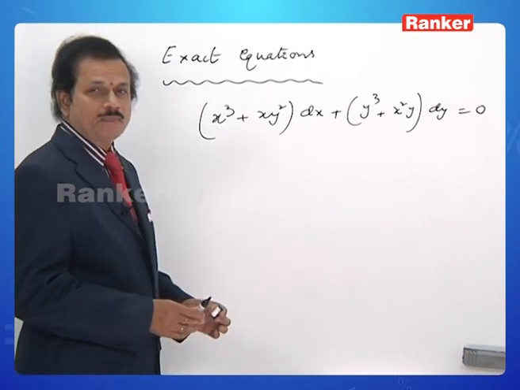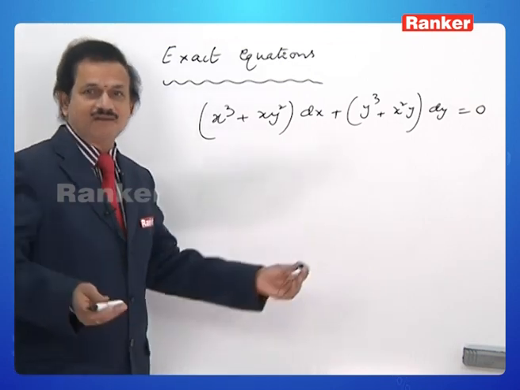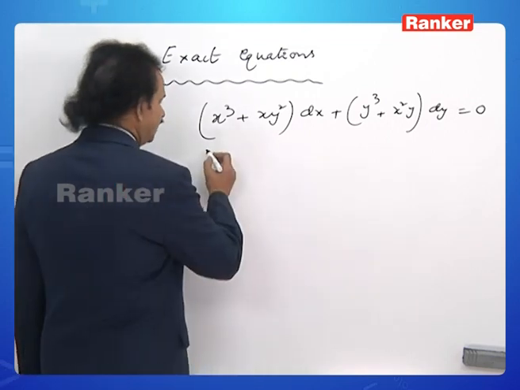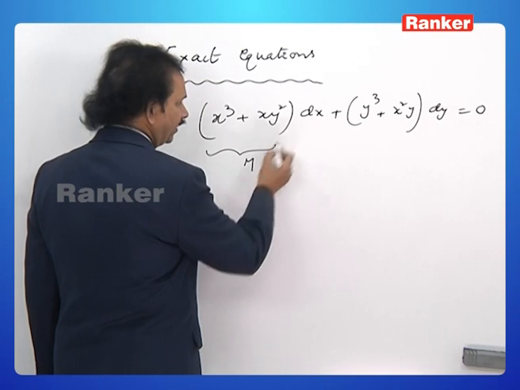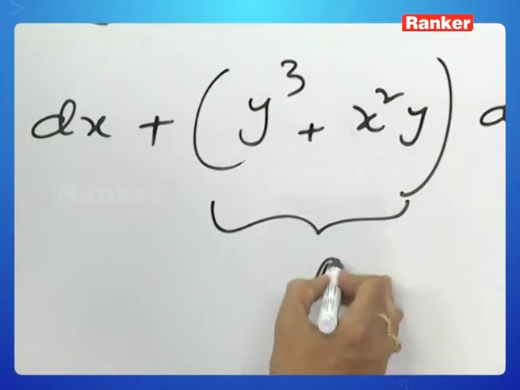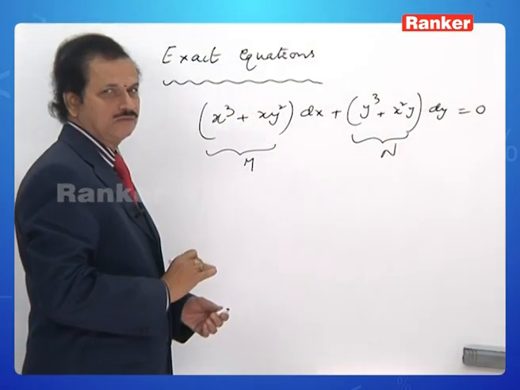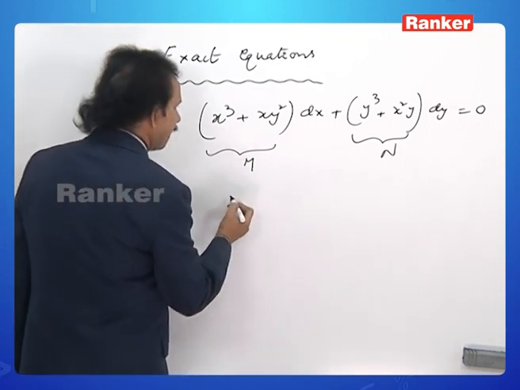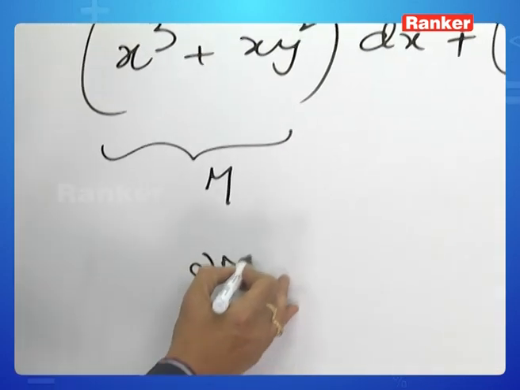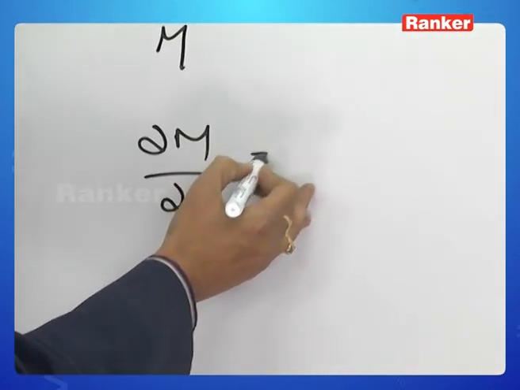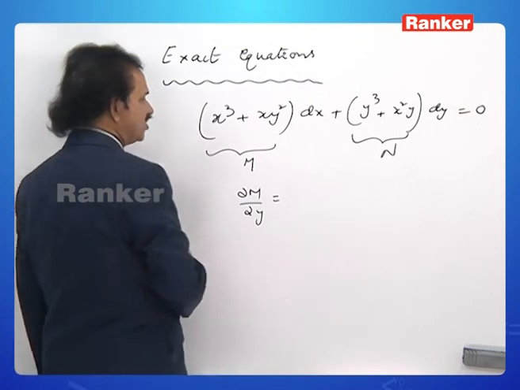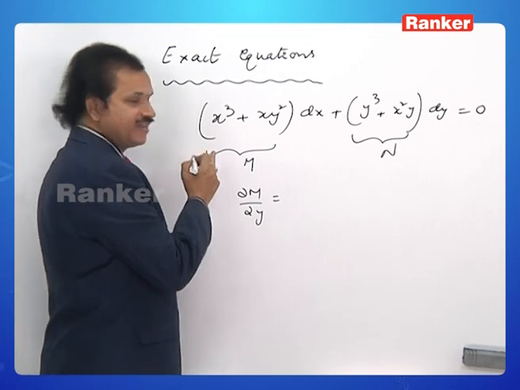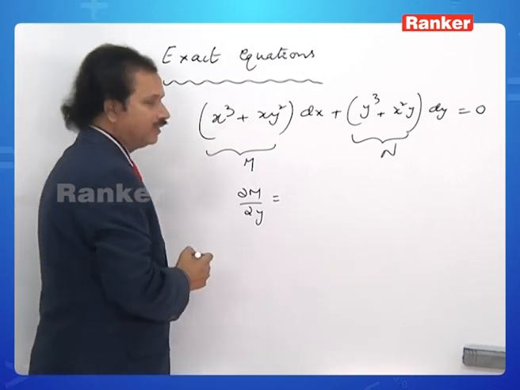Well, friend, we may have to get it confirmed whether it is exact or not. What is dou M by dou y? It is the partial derivative of M with respect to y.